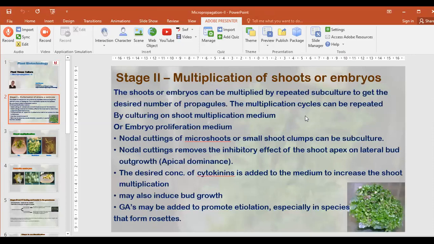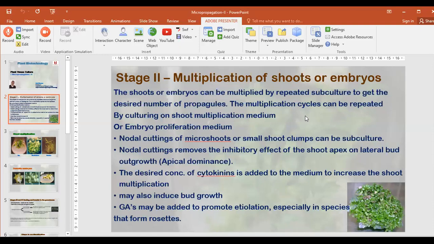So stage 2 of micropropagation is the multiplication of shoots or embryos. This stage is very, very important because you can recycle this stage in order to produce the desired number of shoots required to get the number of plants we are aiming to propagate, or the embryos which will be enough to get the desired number of plants.